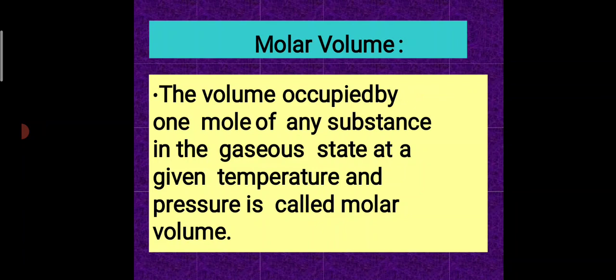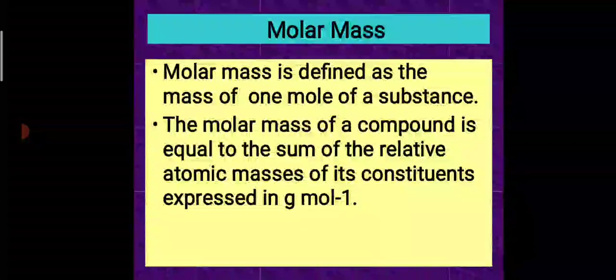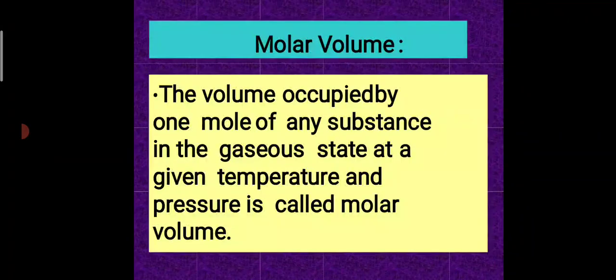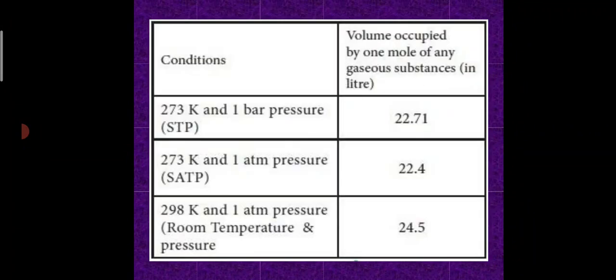The molar mass definition is for solid substances. Molar volume is for gaseous substances. So 1 mole of any substance in the gaseous state, at a given temperature and pressure, we call it molar volume.